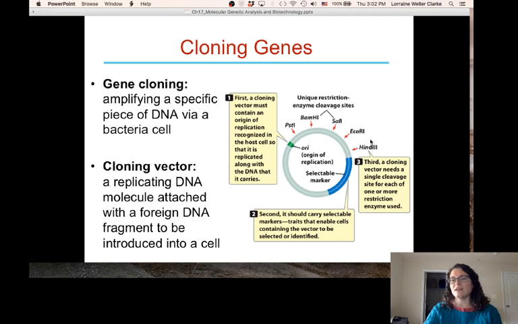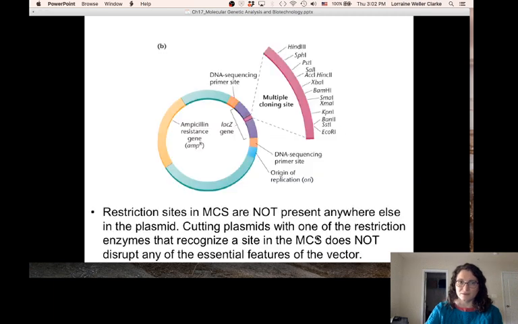So then you have a single cleavage site for one or more restriction enzyme used. Again, usually they have multiple ones, but you only treat it with one based on the specific cloning vector that you're using. And then selectable markers, okay? Traits that enable cells containing the vector to be selected or identified. Let's walk through these, okay?